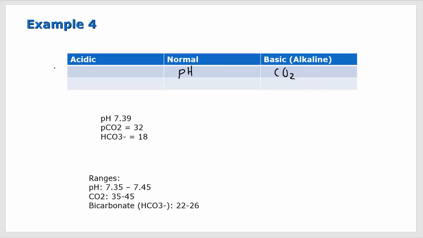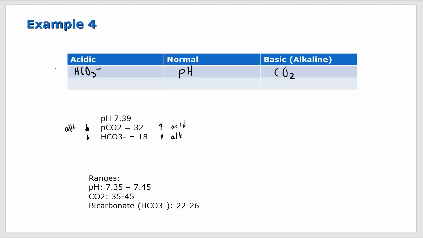And the bicarbonate is definitely on the acidic side of things. Okay, so do you kind of see what we're doing here? When carbon dioxide is high, that's acidic. When bicarbonate is high, that's alkaline. When carbon dioxide is low, that's alkaline.